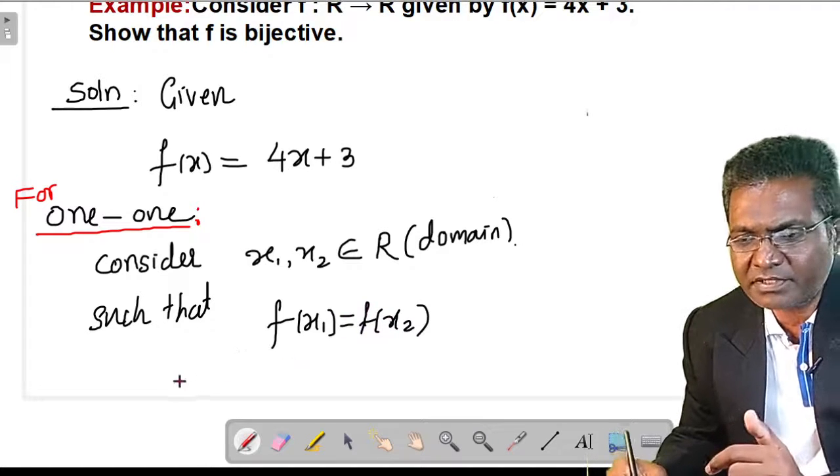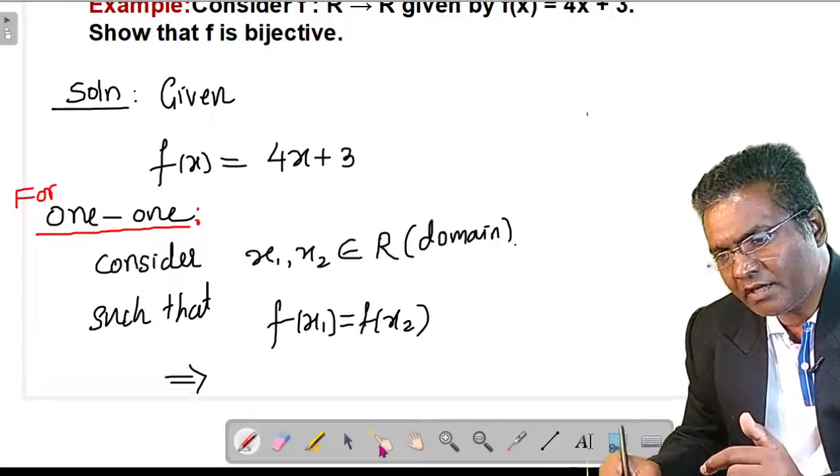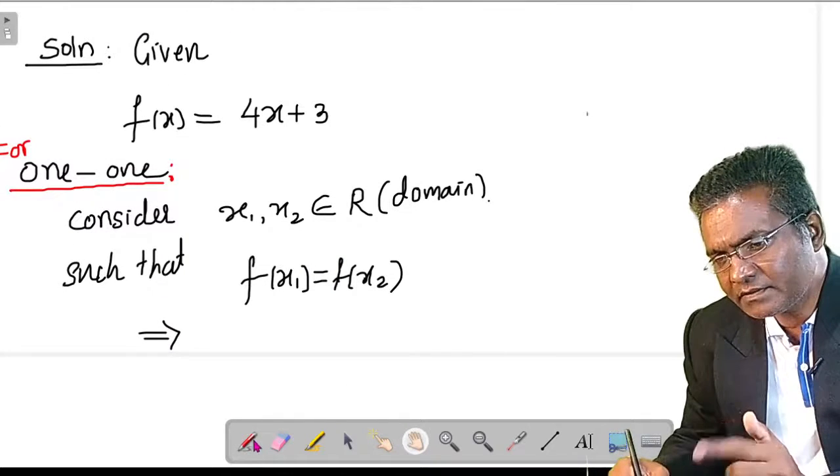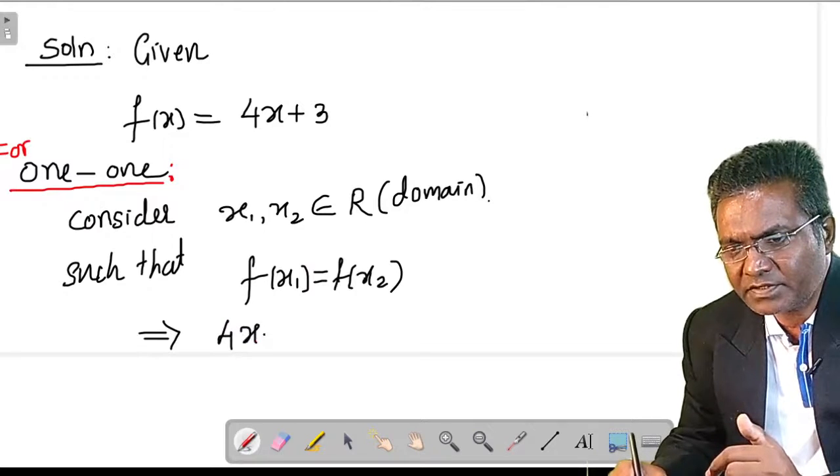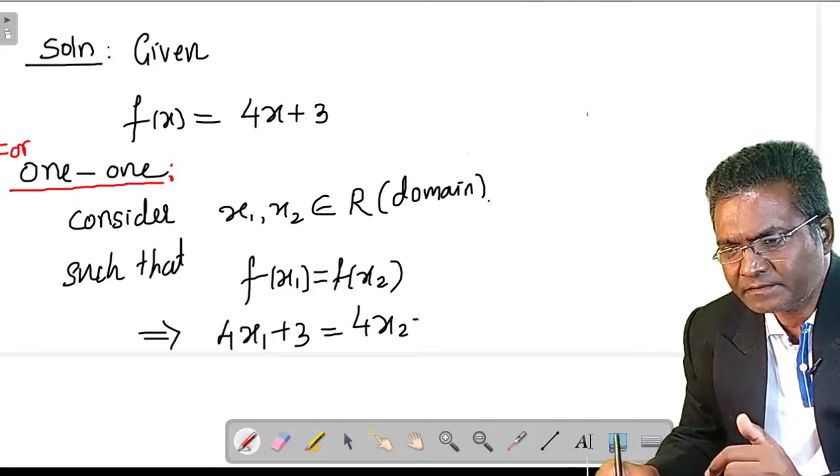Assume that their images are equal. Now you have to show that x1 is equal to x2. So this implies 4x1 plus 3 is equal to 4x2 plus 3.